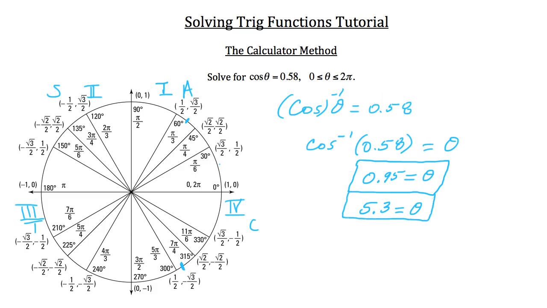Now you may be wondering why we took 2 pi and subtracted our original answer that was given to us by the calculator. Let me explain a little bit as to why we do that. Your answer that you're checking for is always in respect to the reference angle, and the reference angle is always in respect to the x-axis. So, if you're given a value of cosine and you know that it's in this quadrant 1, what you want to do is move from the axis to the other answer of your cosine that's positive, because you know your answer in this case was positive, you were told it was.